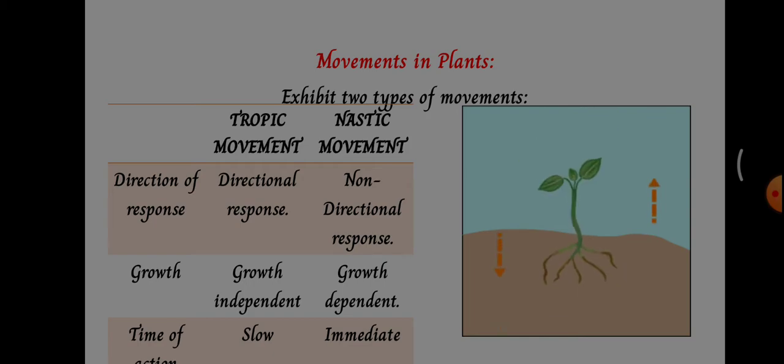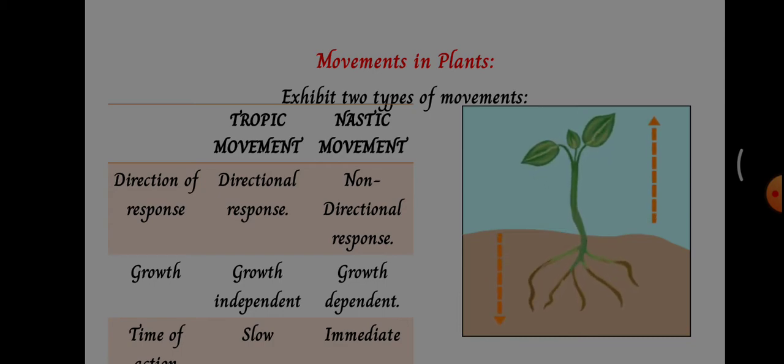And we have seen the example that if a plant is kept somewhere else where it cannot get a sufficient amount of sunlight, what will it do? It will just bend to that particular area from where it can get enough sunlight.